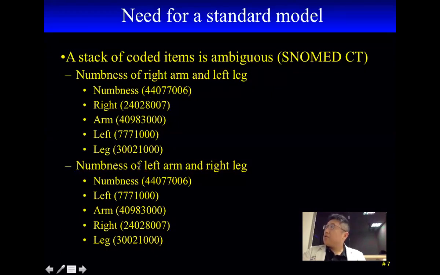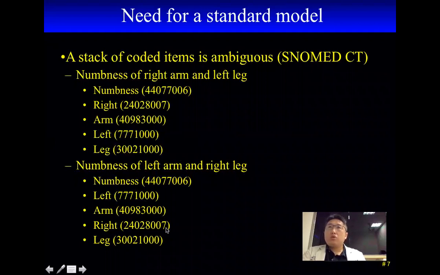Okay, so we can see this, and here is numbness left arm, right leg. Human beings can understand it, since they use the same set of coded data, but they represent numbness of the right arm and the left leg. But if you just put those ideas in randomly, the computer will get confused. You can imagine, so coded data alone is not good enough; we need a structure to store it.